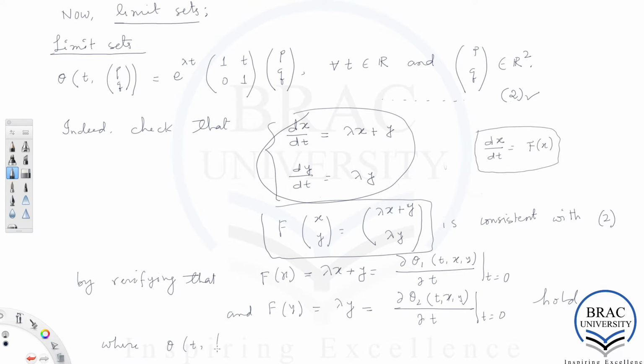Theta(t, p, q), this vector, has two components, theta 1(t, p, q) and theta 2(t, p, q). The first component of this vector is e to the lambda t times p plus t e to the lambda t times q. That's the first component. And the second component is e to the lambda t times q.